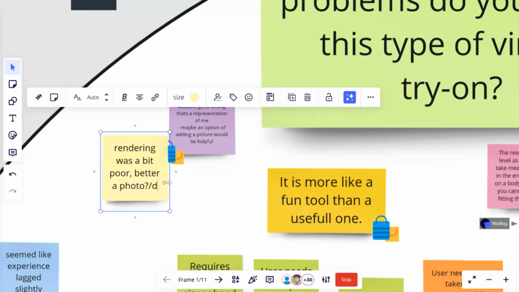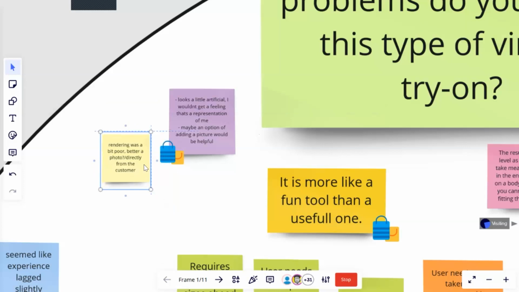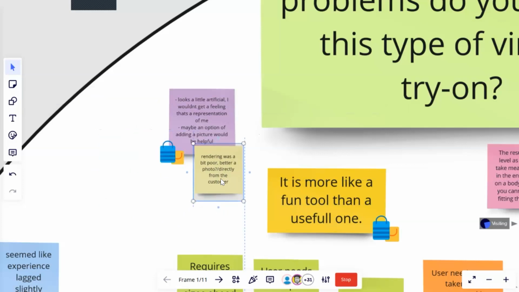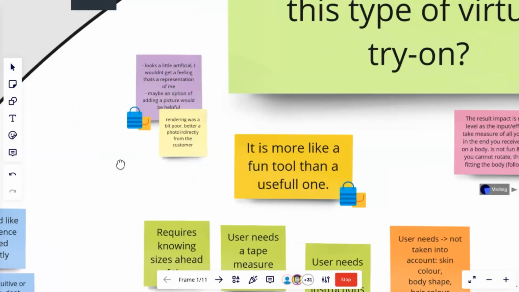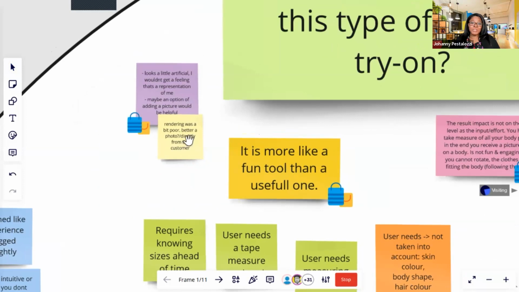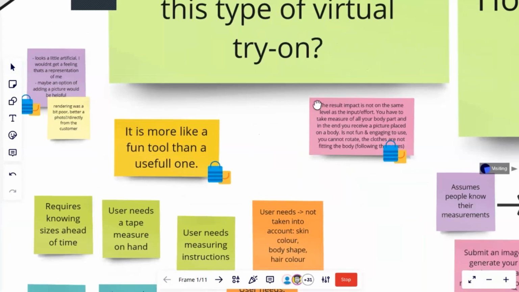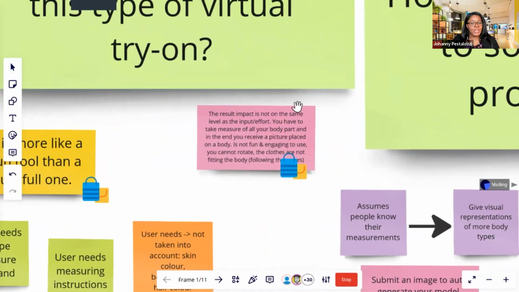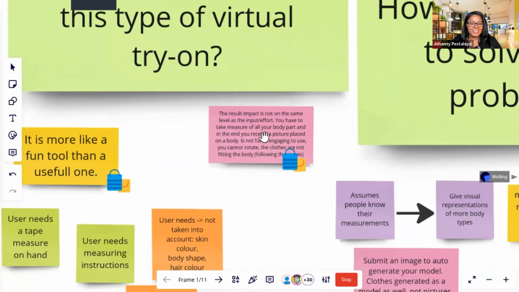Maybe an option of adding a photograph of myself, a selfie, would enhance this experience a little bit. Perfect, awesome. Thank you very much for sharing your thoughts with us. Thanks. Okay, so we have here the result. Okay, someone, the person who wrote this sticky note, I just had the impulse to read it, but please unmute yourself and let us know what you wrote.